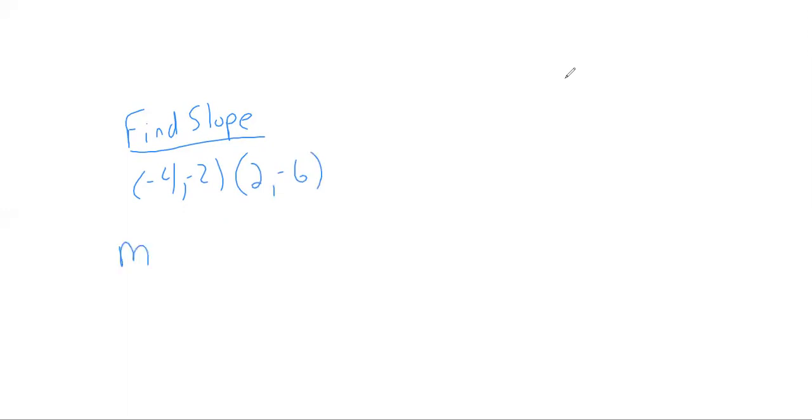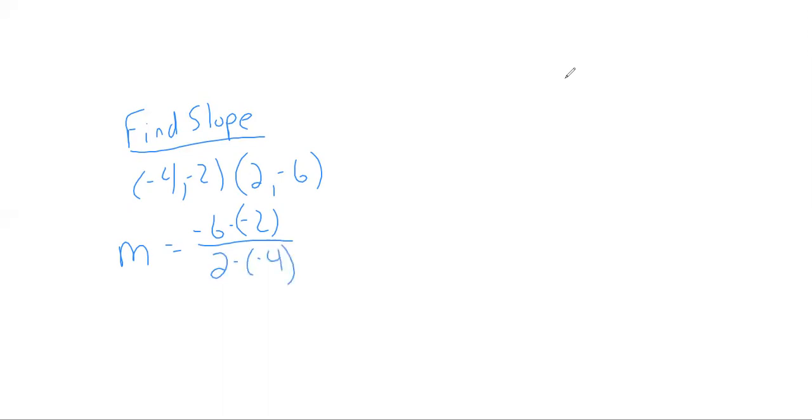All we're going to do on this is find the slope. Okay, so the first one, they give us the points, -4, -2, and the second one is 2, -6. The slope is equal to y2 minus y1 all over x2 minus x1.